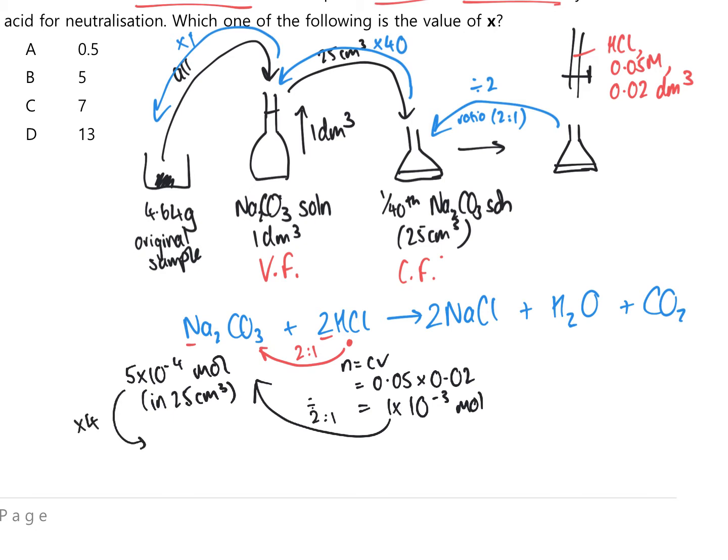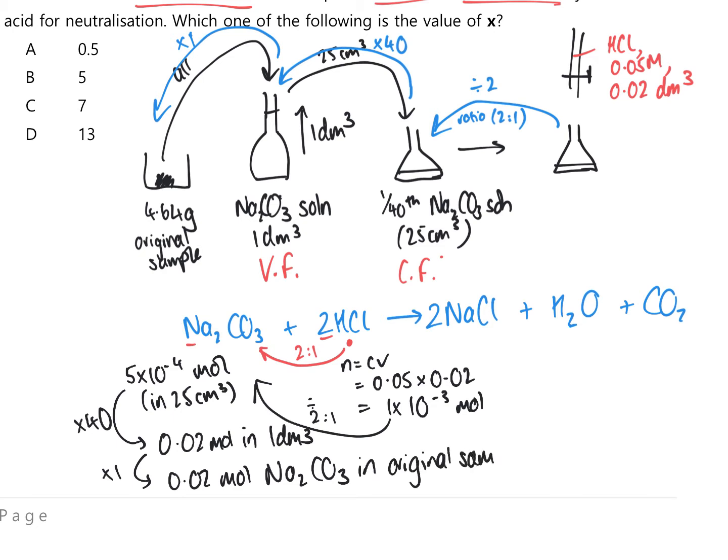To do that, tracking back in your diagram, we times by 40. That gives us 0.02 moles in 1 decimetre cubed. Then that's essentially times by 1 to give us 0.02 moles of sodium carbonate in your original sample.